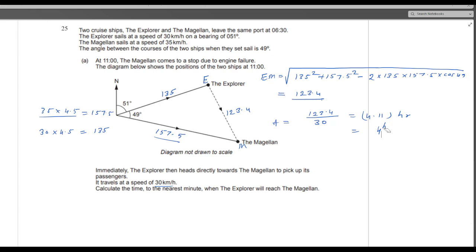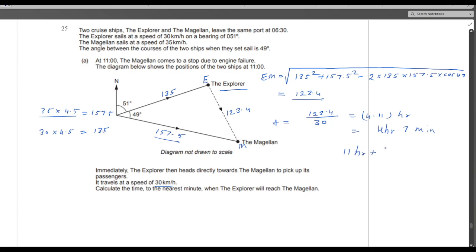The result is 4 hours 7 minutes. So you have started from 11. What we have to find is, calculate the time to the nearest minute when the Explorer will reach the Magellan.